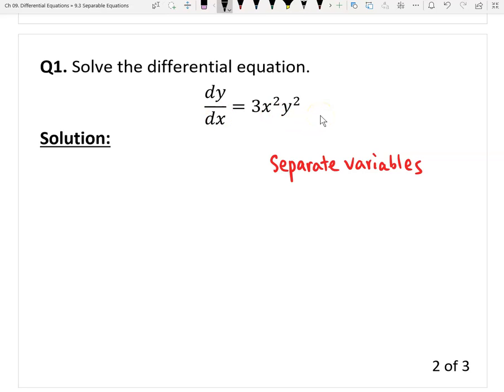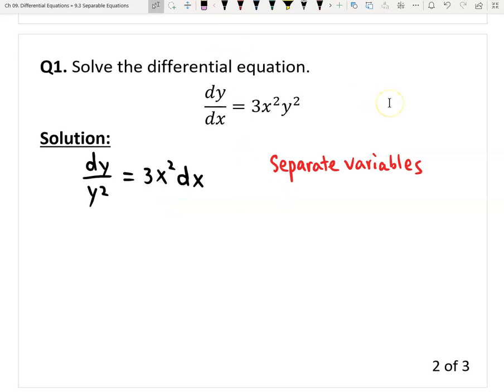So what do we get? The left should be dy, not dy/dx. So we multiply by dx, and now the denominator goes to y squared. We put the y's together, right? The right should be 3x squared times dx. So we did the first step. We already separated the x and the y.